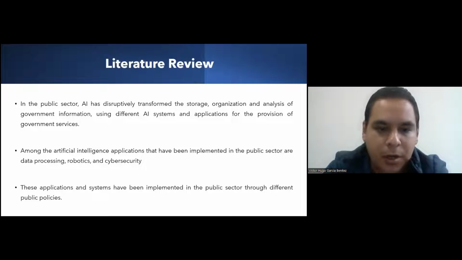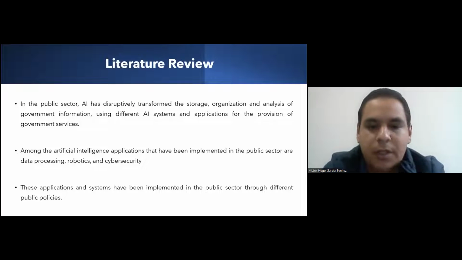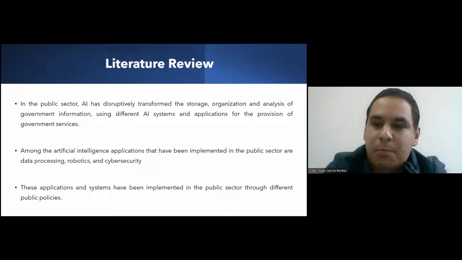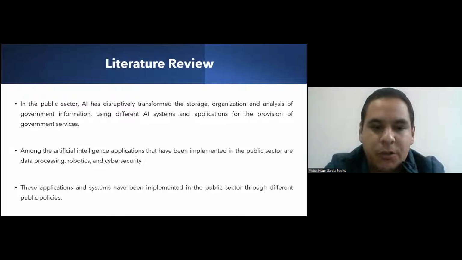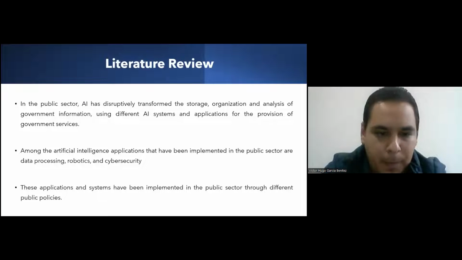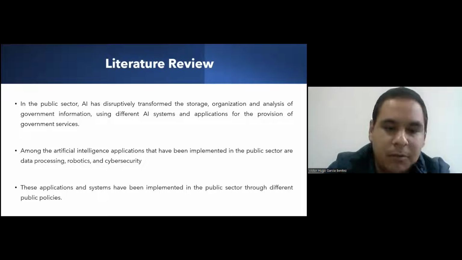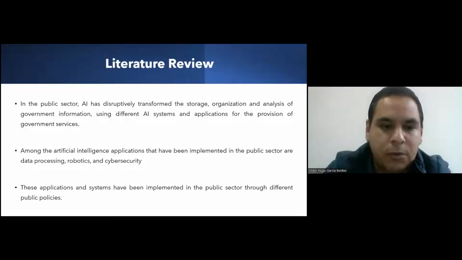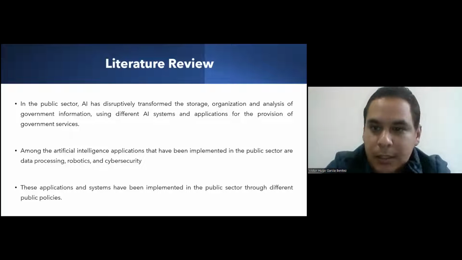In the public sector, artificial intelligence has transformed the storage, organization, and analysis of government information, using different artificial intelligence systems and applications for the provision of government services. Some examples are communication with the citizen, the way of storing data, and the platforms to carry out procedures online.